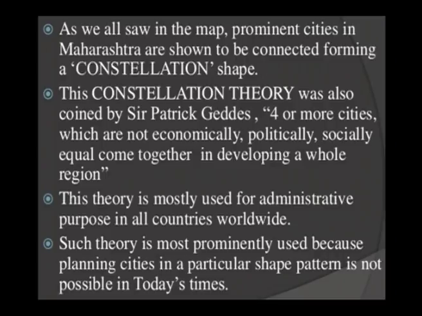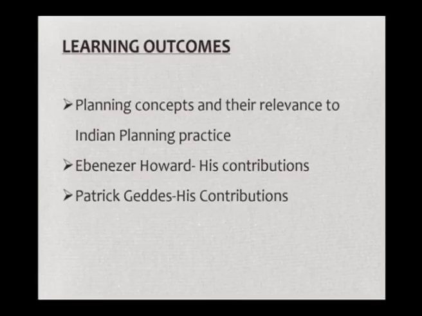This theory is mostly used for administrative purpose in all countries worldwide. Such a theory is most prominently used because planning cities in a particular shape or pattern is possible in today's times.